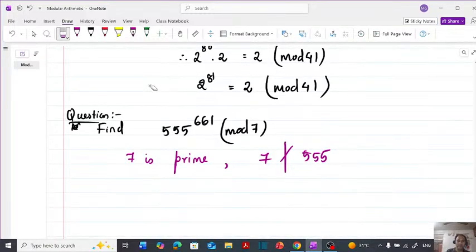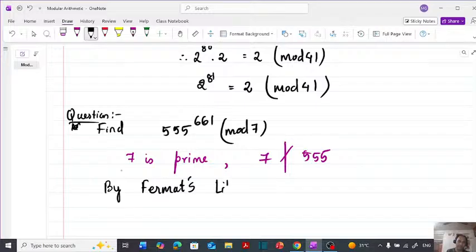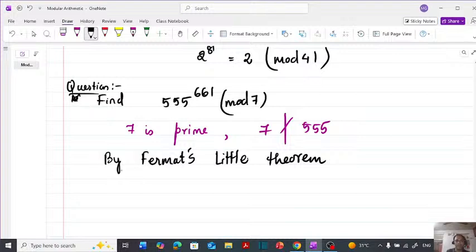So you are in a position to use Fermat's little theorem. By Fermat's little theorem, 555 to the power 7 minus 1 is 1 mod 7, right?